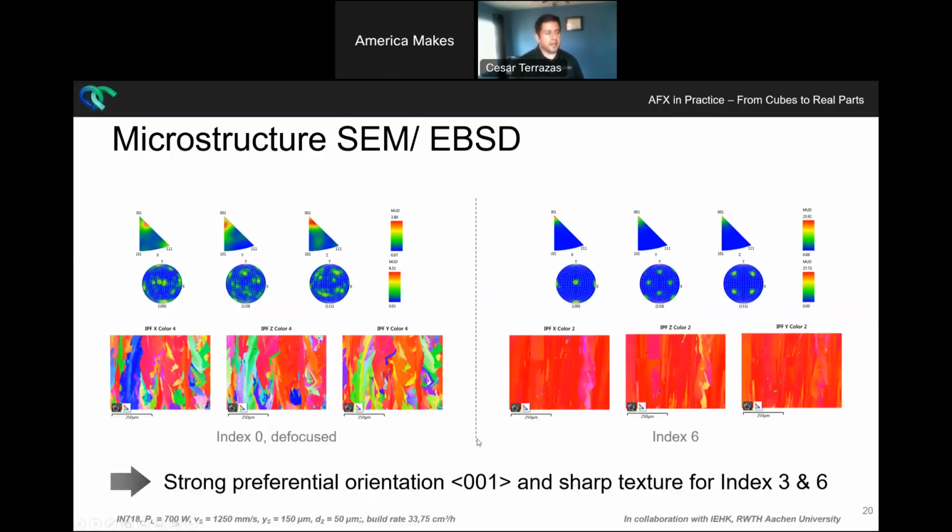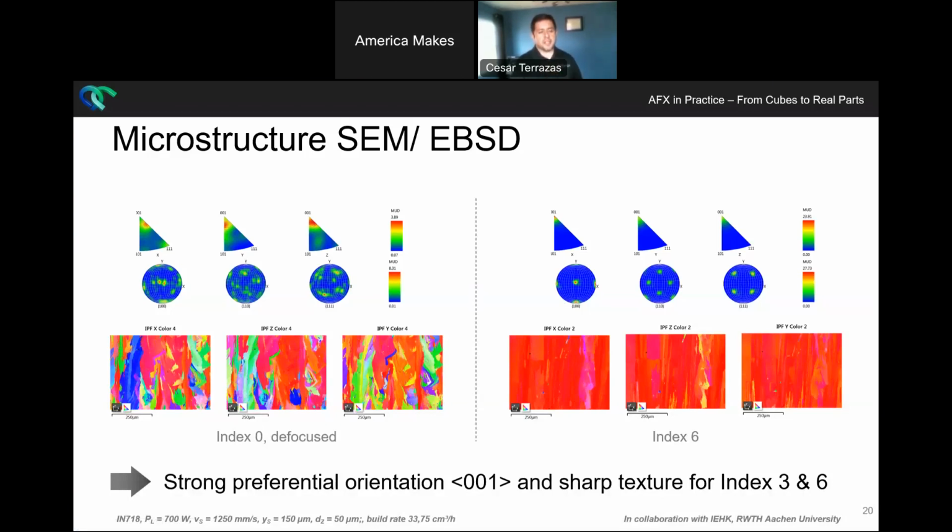And indeed, after an assessment was made of the microstructure through electron backscatter diffraction, you can see that indeed the texture of the component changes because of that directionality of growth, right? So what you see on the left side is that for index 0, defocus mode, again, you see the characteristic behavior that is going to be observed for the microstructure, where you see random crystals aligning in different directions.